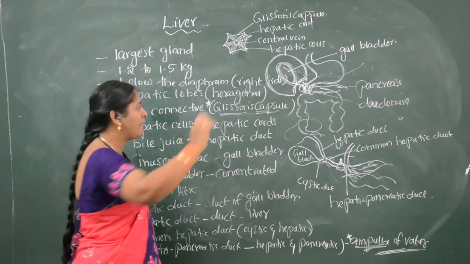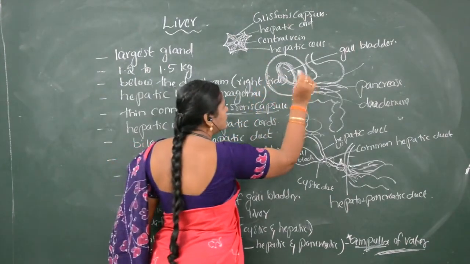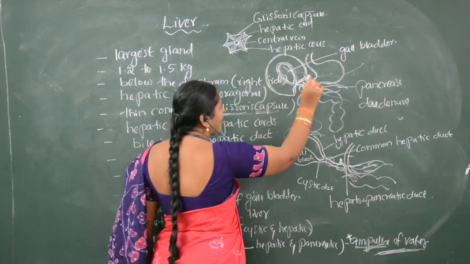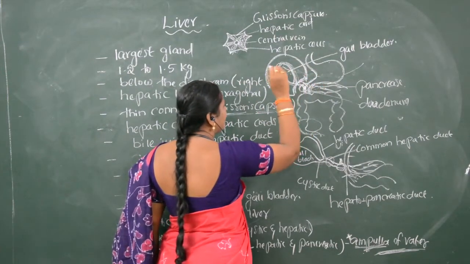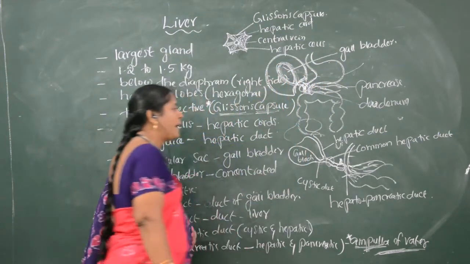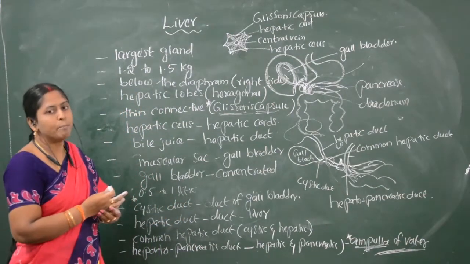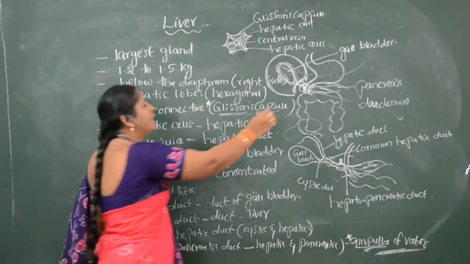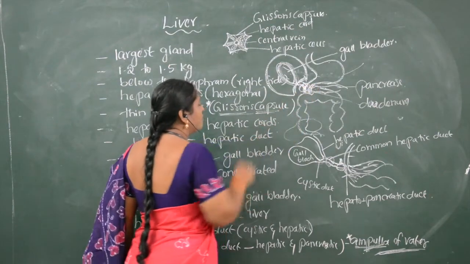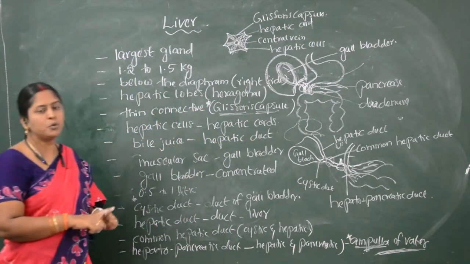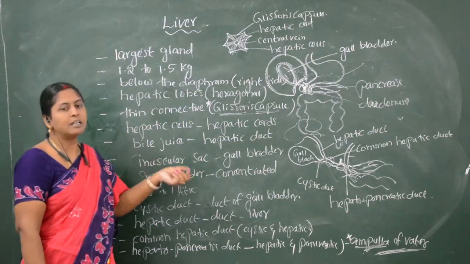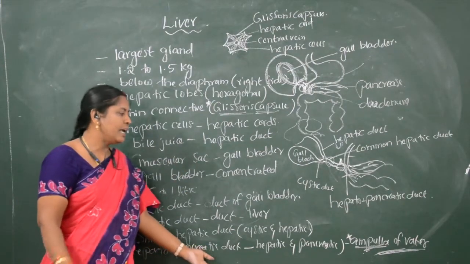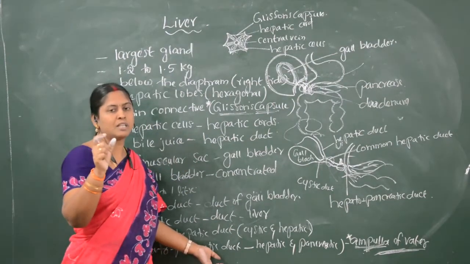This hepatopancreatic duct enters into the duodenum, carrying the pancreatic juice as well as the bile juice. Between the union of these hepatic duct and pancreatic duct, a small ampulla-like structure is formed.